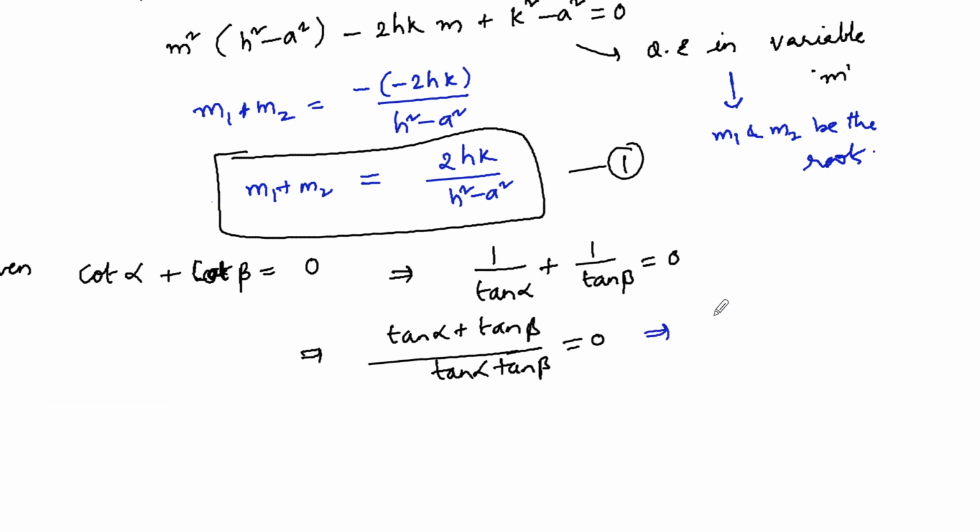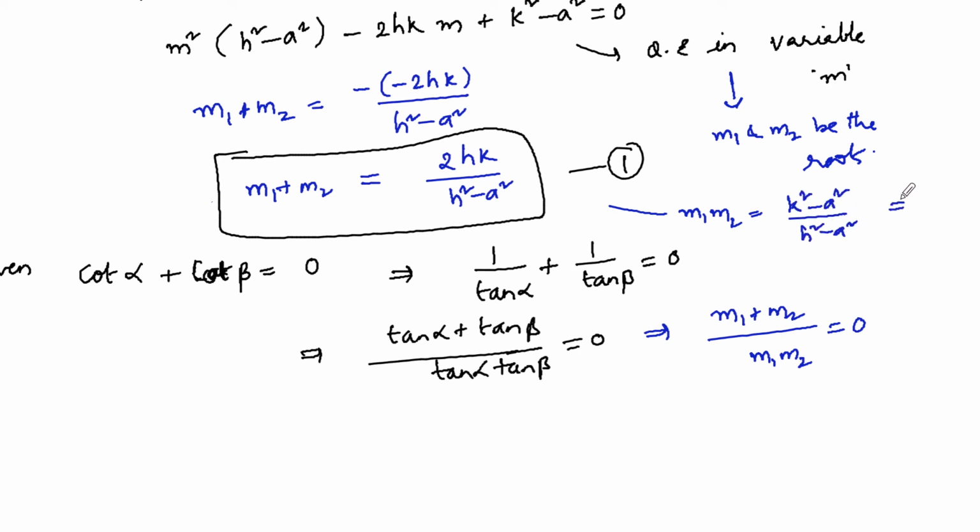So which implies (m1 + m2)/(m1 m2) = 0. Since m1 m2 is the product of the slopes, for this equation c/a, that is (k² − a²)/(h² − a²), it cannot be equal to 0. So which implies that m1 + m2 = 0.